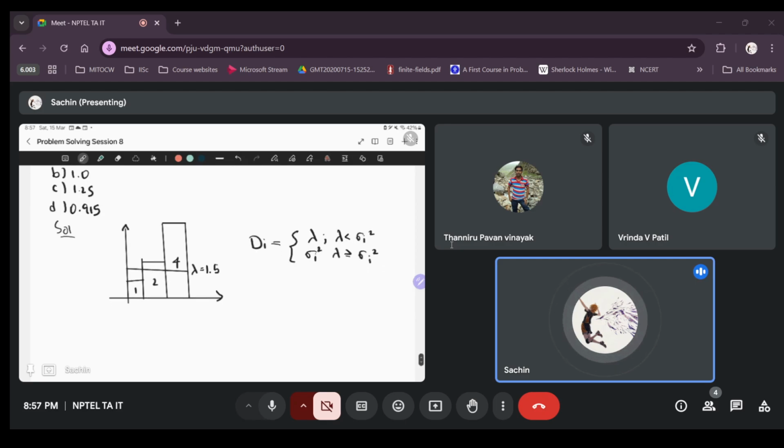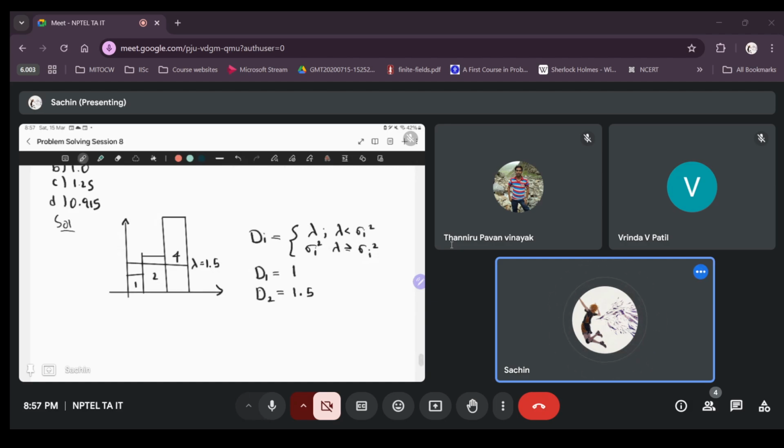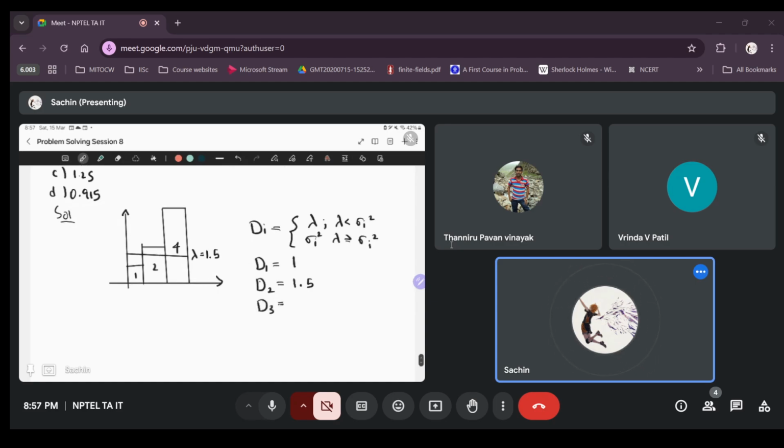So if I choose lambda equal to 1.5, D1 is 1, because sigma 1 square is less than or equal to lambda. D2 is 1.5 because sigma 2 square, which is 2, is greater than lambda. D3 is also 1.5. So now D, the summation of d_i, is 4.